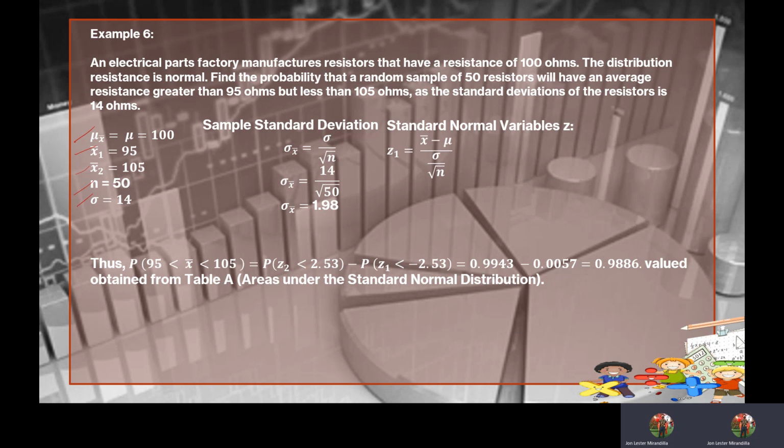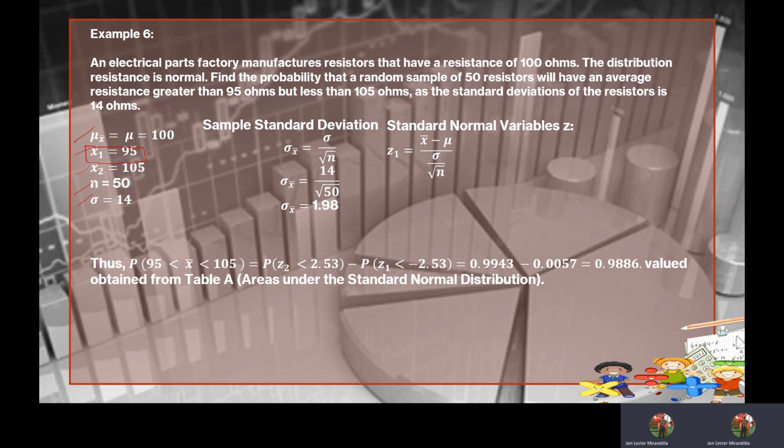Ngayon, kunin natin yung ating z sub 1. So, same formula, x bar minus mu divided by standard deviation divided by square root of n. Ano yung x bar? Unahin muna natin si z sub 1. Ito yung x bar natin, 95.